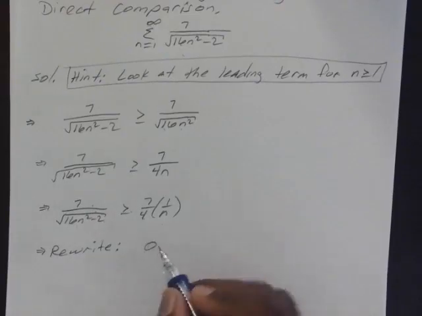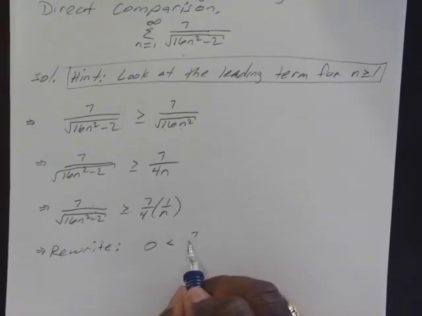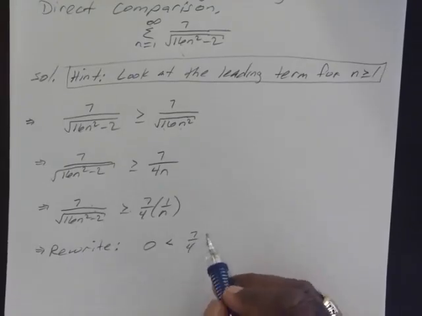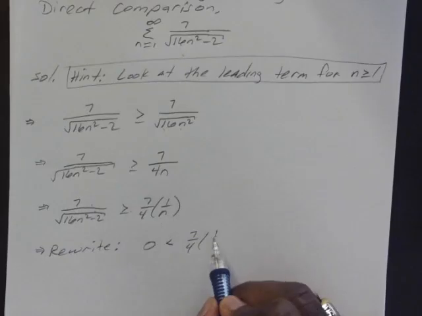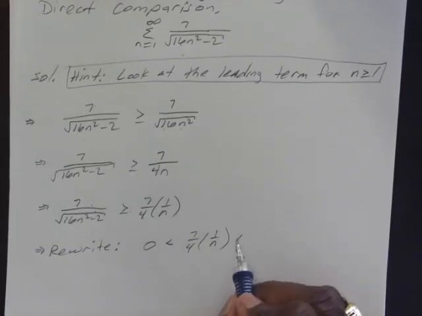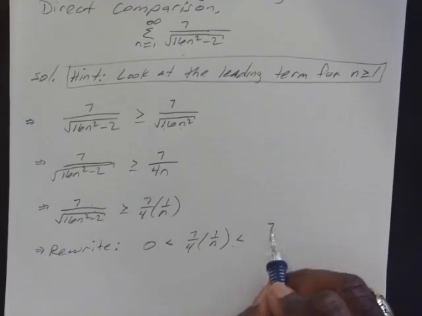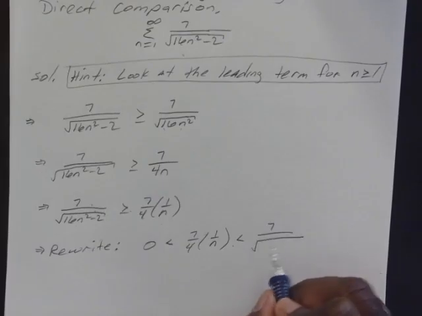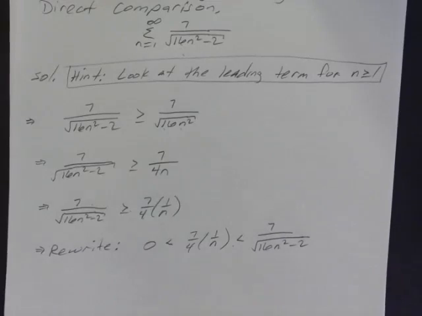So we can rewrite it as 0 is less than 7 over 4 times 1 over n, or you could just say 1 over n, is less than 7 divided by the square root of 16n squared minus 2.